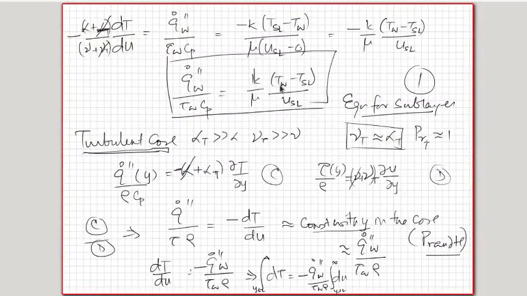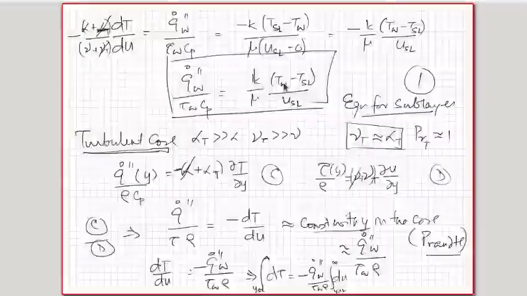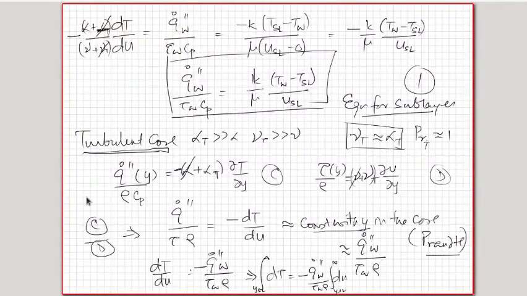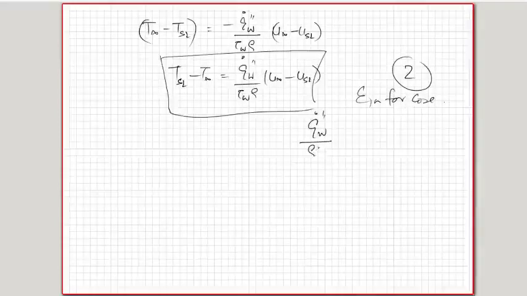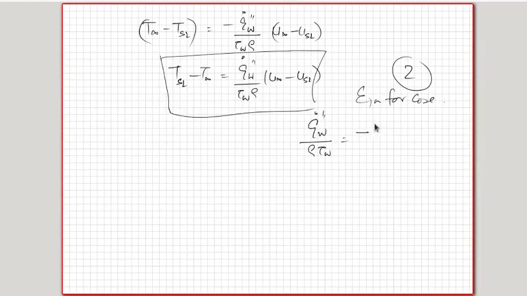Okay, so Q dot double prime wall by tau wall rho is equal to K by mu multiplied by T wall minus TSL divided by USL.